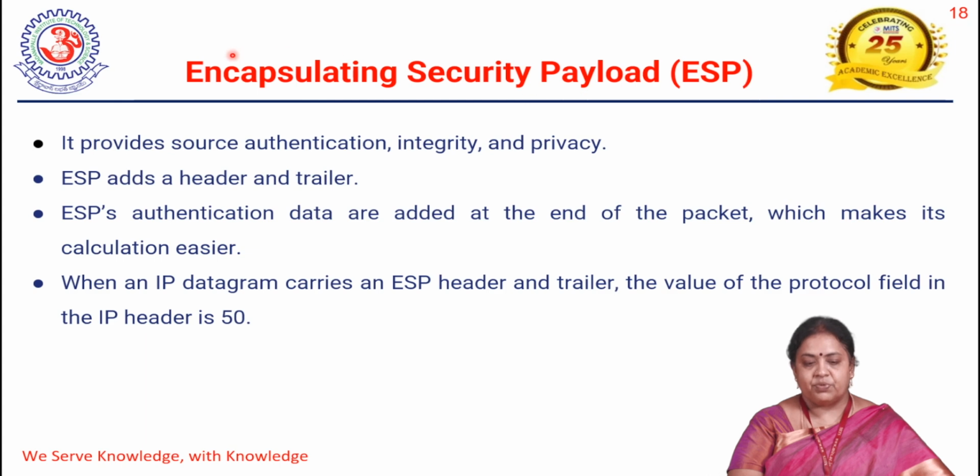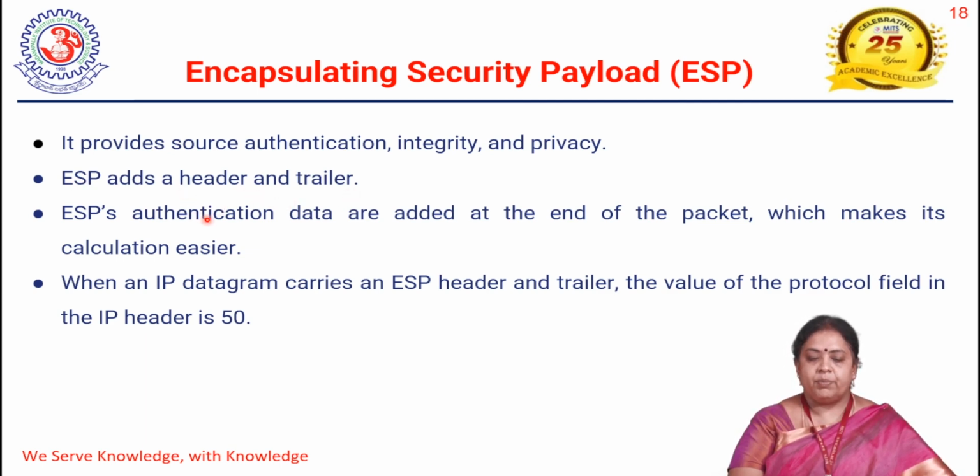For that purpose, we have two protocols. One is AH, the authentication header, and the second is the encapsulating security payload. The authentication header provides authentication as well as integrity, whereas ESP provides authentication, integrity, as well as privacy. In the authentication header we have only a header, but the ESP protocol adds both a header as well as a trailer.